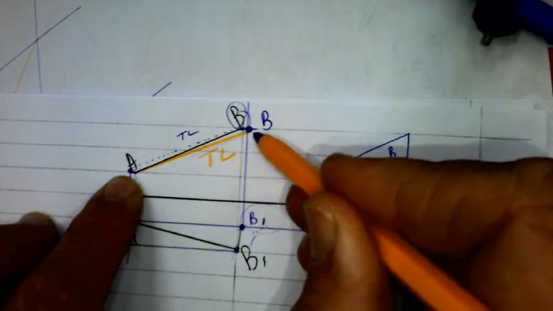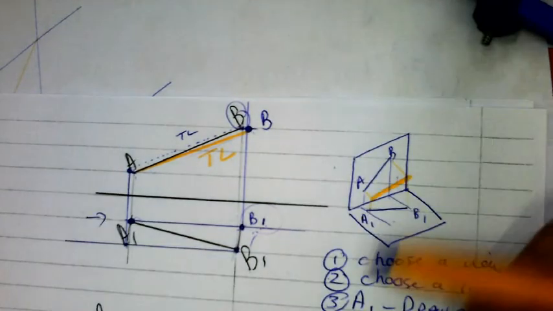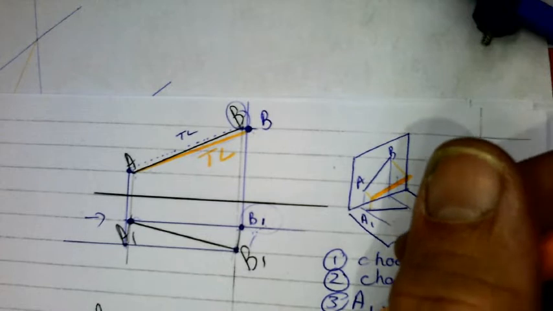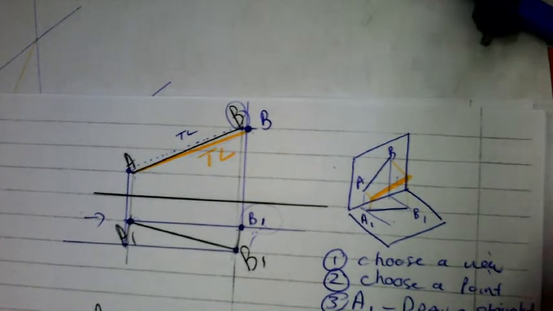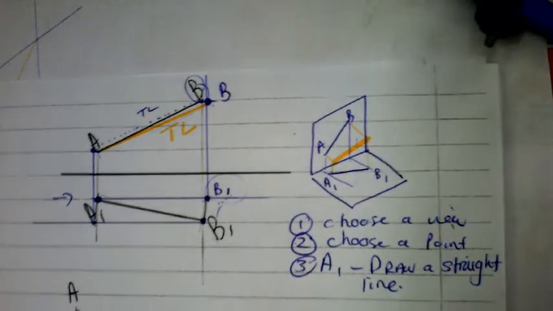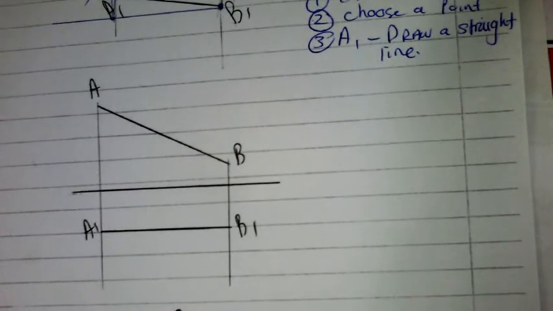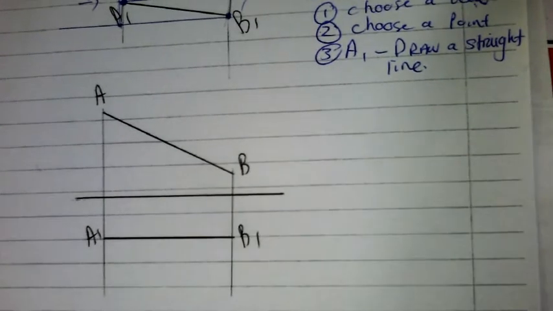The second one is very easy, guys. If you have got a straight line in any view, that means the following for you. There's B, there's A, there's A1, there's B1.